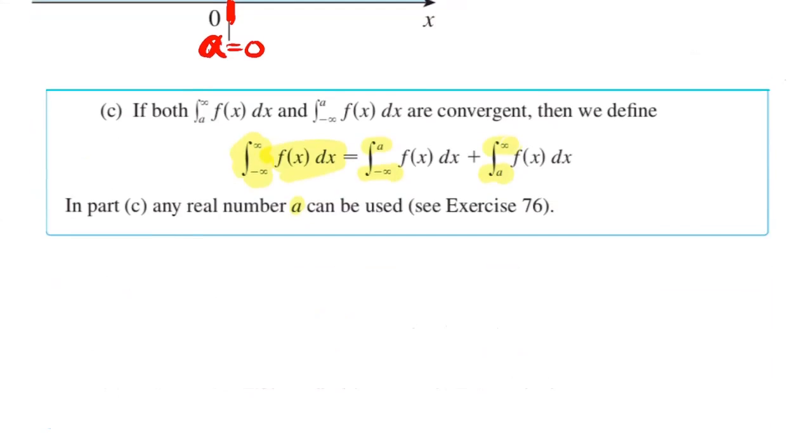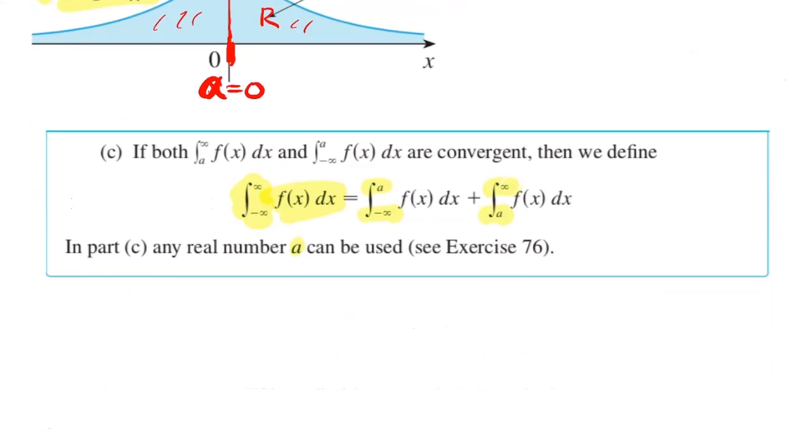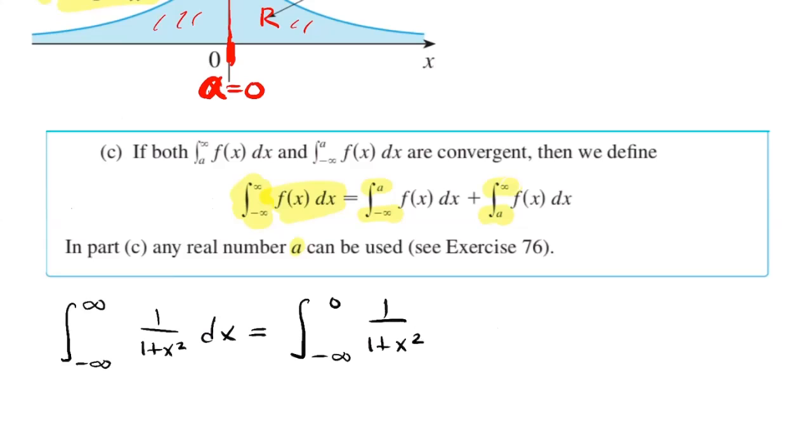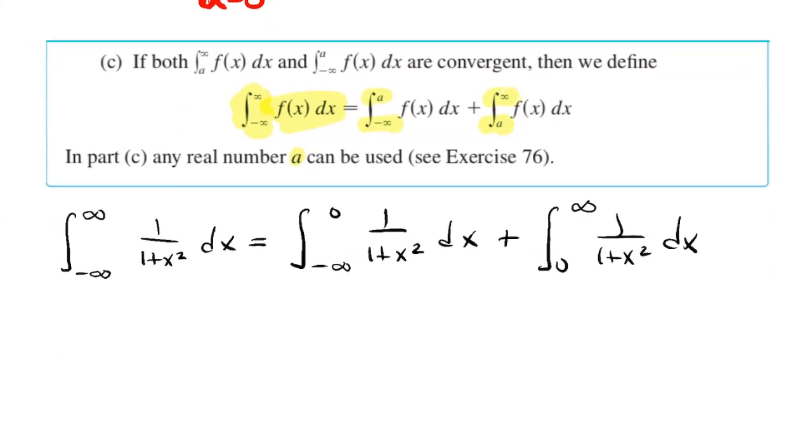So if we come down here to get some place to work, first of all, the area that we're after is the integral from minus infinity to infinity of the curve. And then, as I was just saying, we're going to treat that as minus infinity to 0 plus 0 to infinity. That's true for any function that you're integrating from minus infinity to infinity.